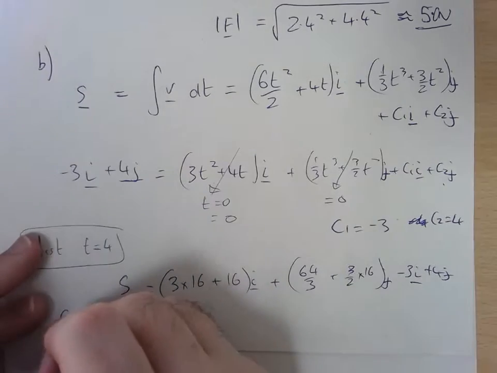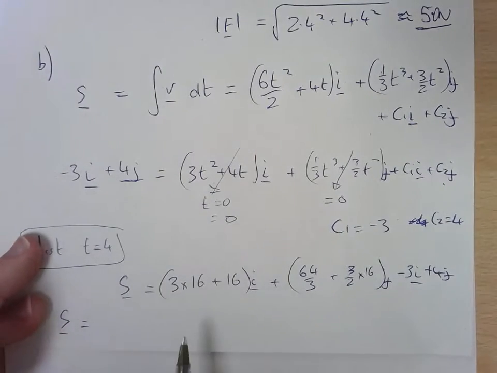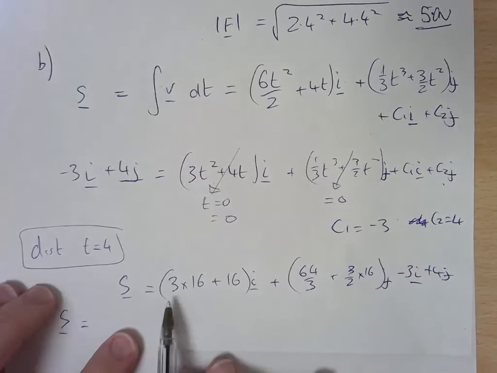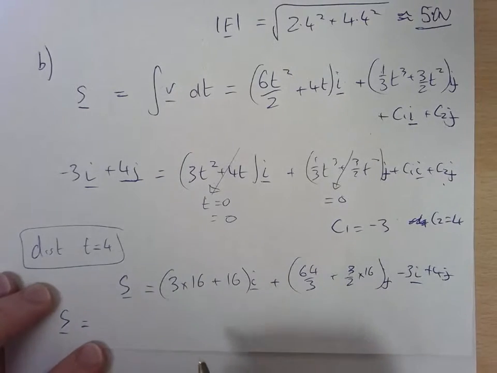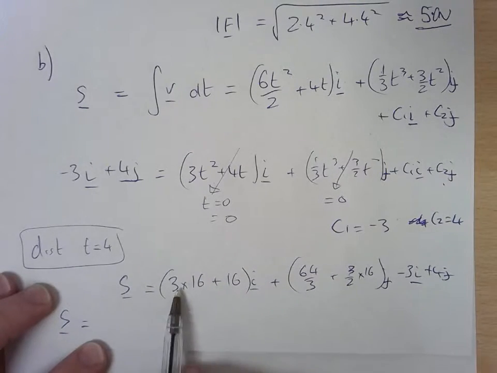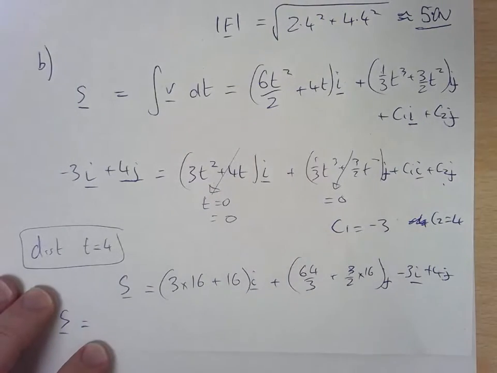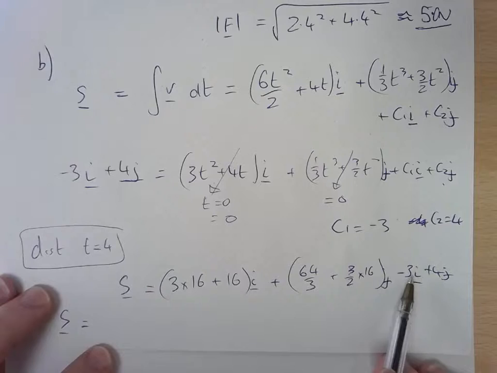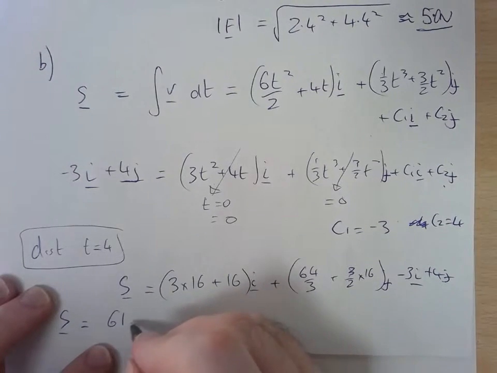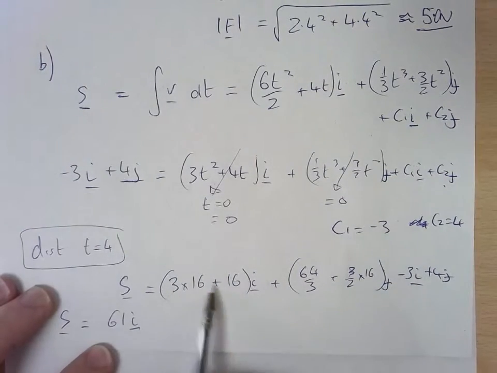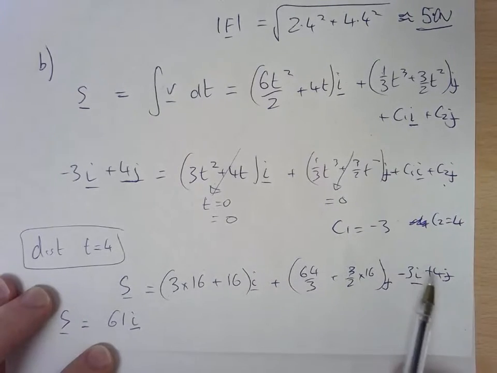So s, our vector, is going to be, once we add up these things, 48 for here plus another 16, which is 64, and the minus 3 here, which is 61i. So we've got 64 from here, take away this 3, don't forget this 3 on the end.